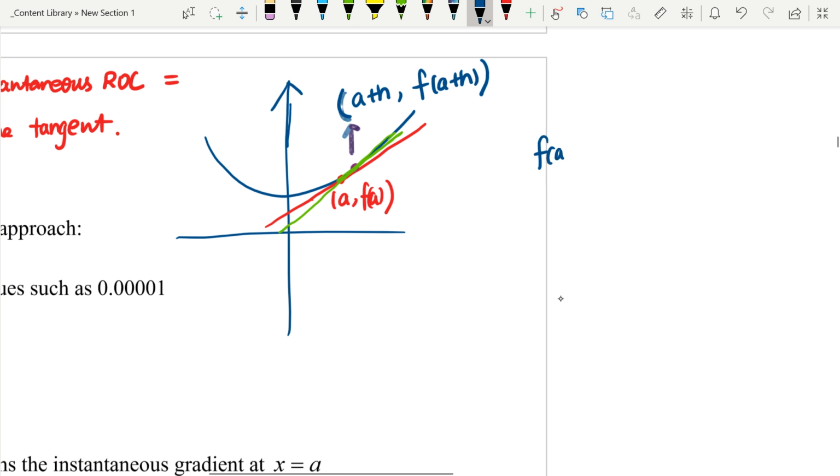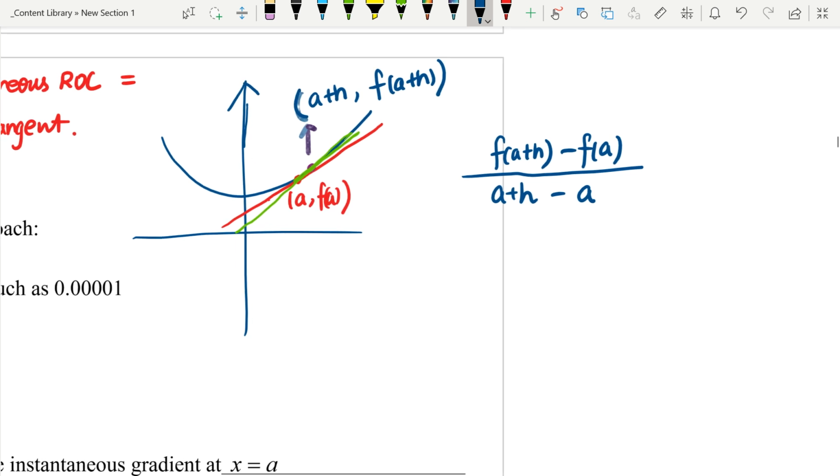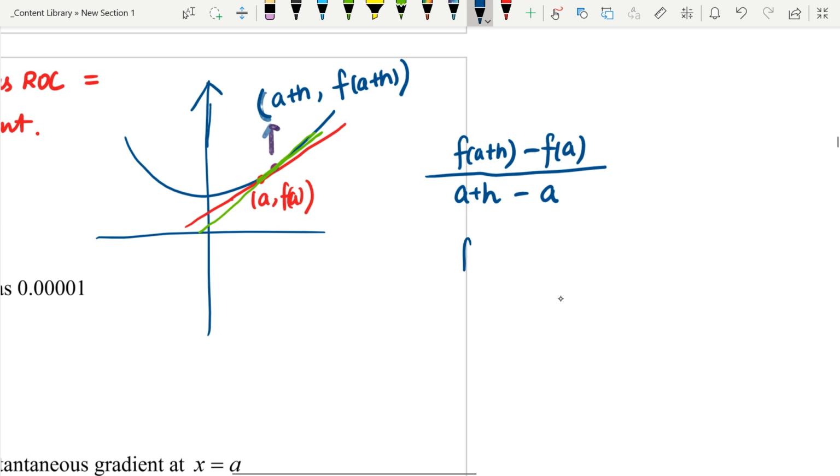It's f(a plus h) minus f(a), over x2 minus x1, which is h.